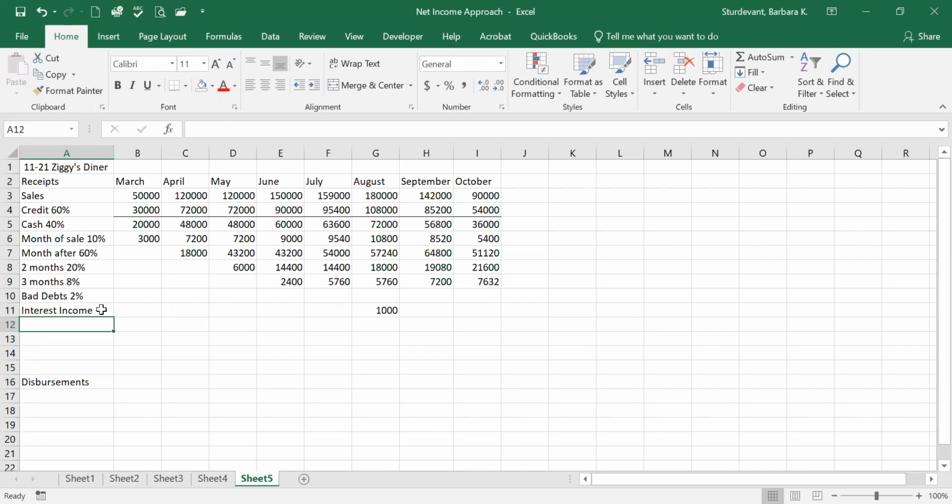In September, they're going to sell some extra equipment for $2,000, and the book value is $1,000.